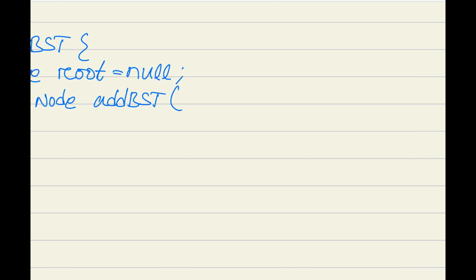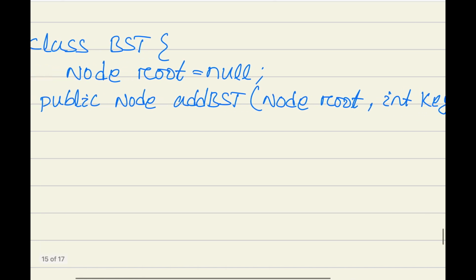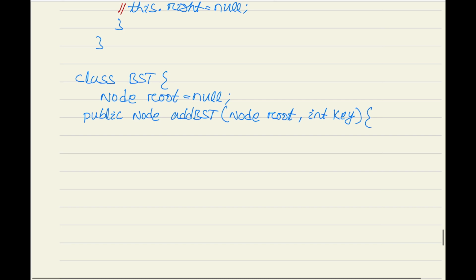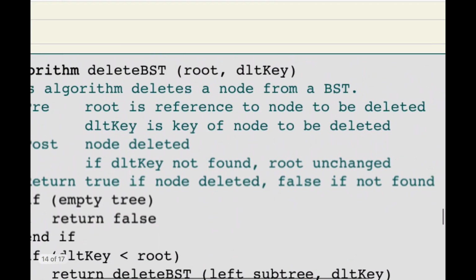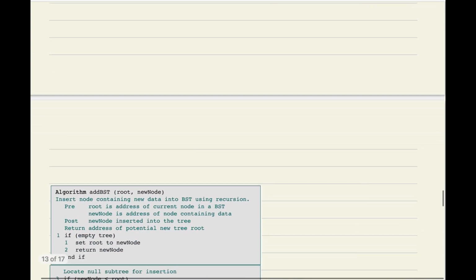So for that we write Node root, that means we are taking root whose type is Node, and another one is key whose type is int.